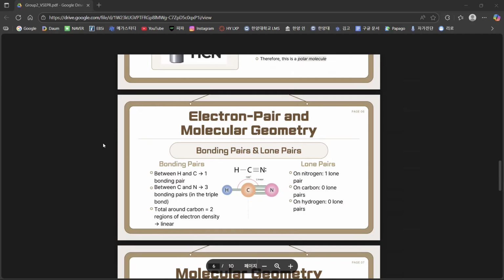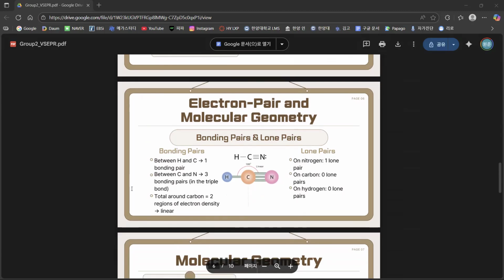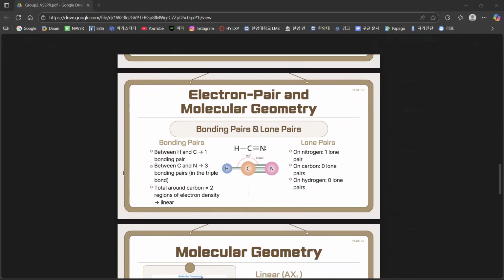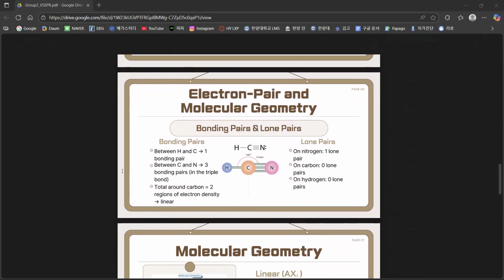Nitrogen has one lone pair, and on carbon there are zero lone pairs, and on hydrogen there are zero lone pairs too. So this structure can make a stable form of this acid.